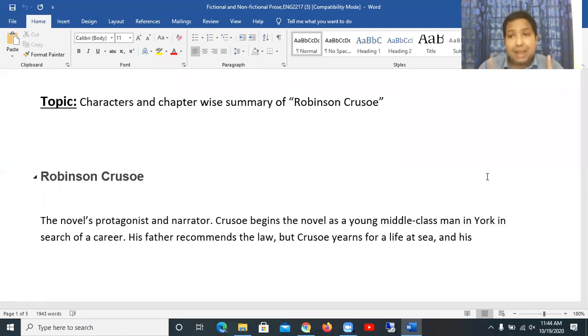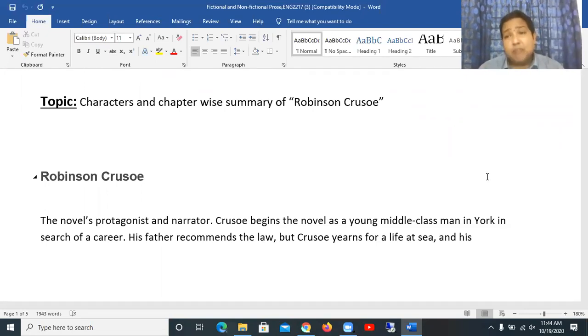So remember one thing: the basic difference between drama and novel is, in drama there will be dialogues, and through dialogues we have ideas about the events, about the happenings, and about the flashback, everything. But in novels, we don't have that kind of privilege.